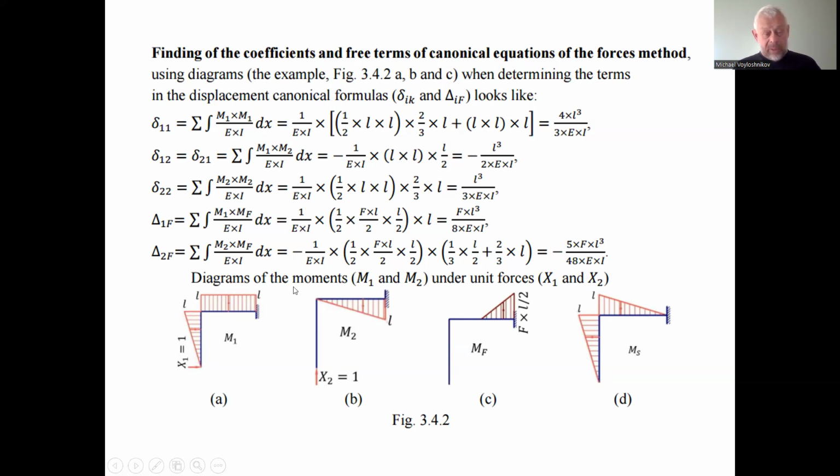We have to pay attention that the sign of the bending moments under the unit force in the fourth direction on the second segment of the considered frame is different from the sign of the diagram of bending moments at the unit force in the second direction.